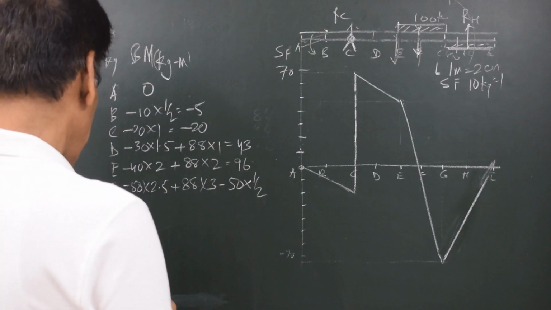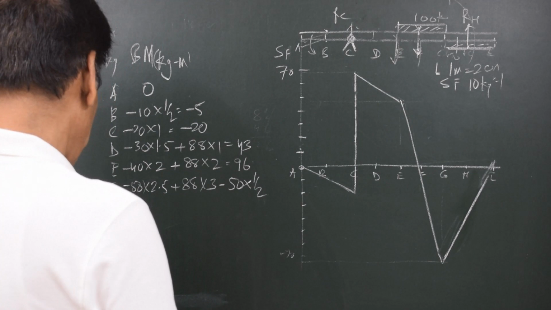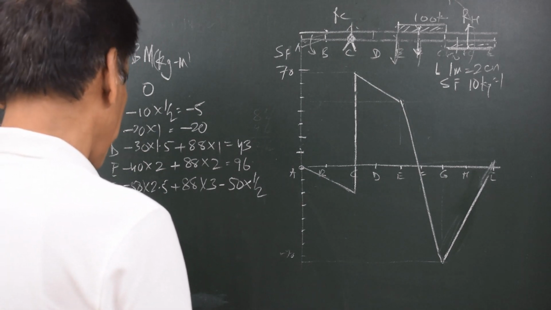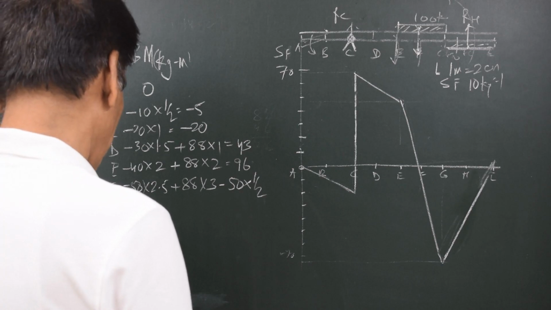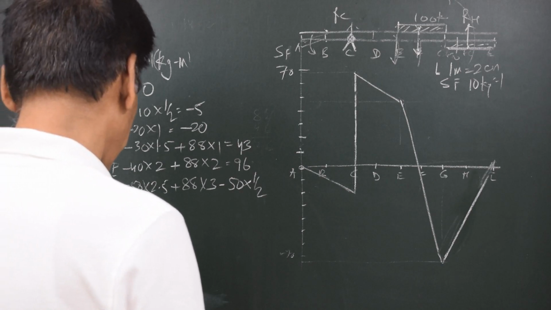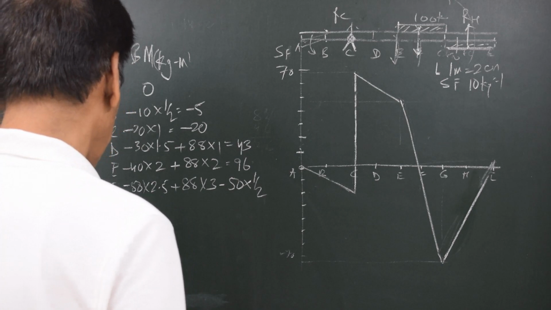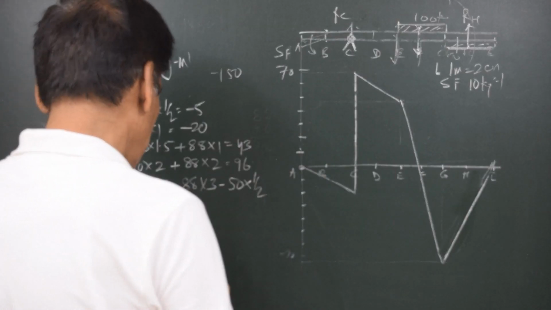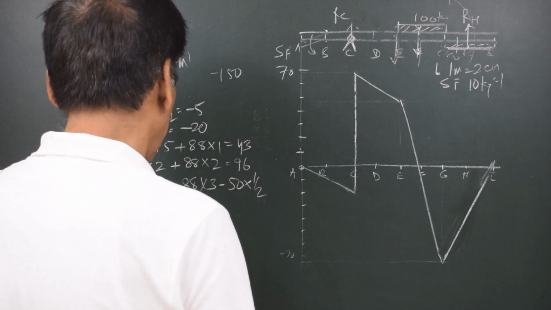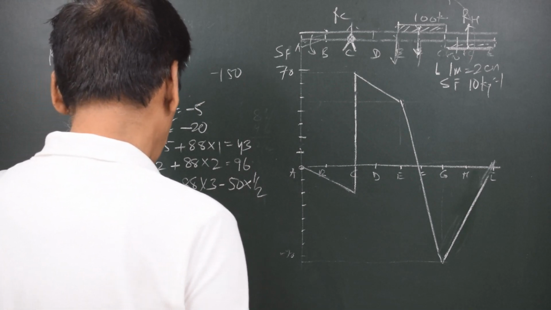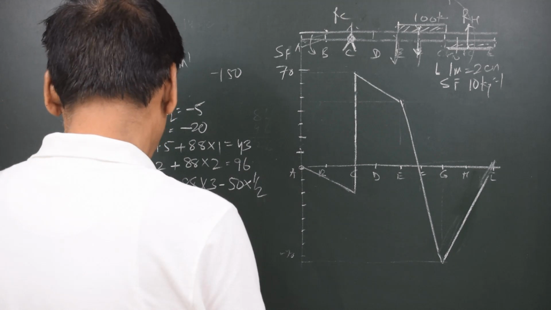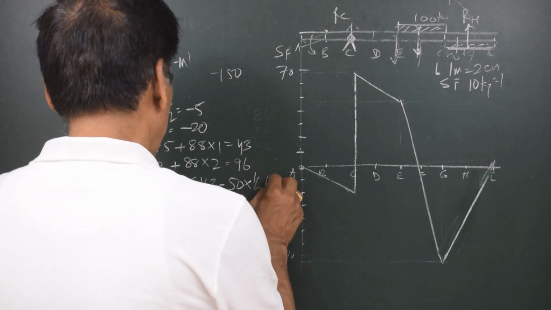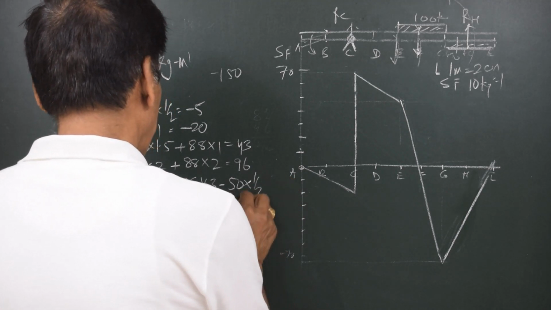So the total is 50 into 2.5, this is negative, plus 25. The total negative is 150, it is minus 150, and the positive value is 88 multiplied by 3, that gives me 264. Resultant is 114.